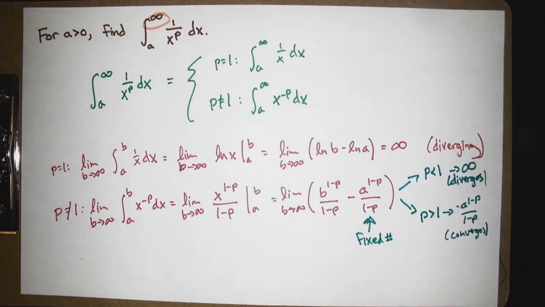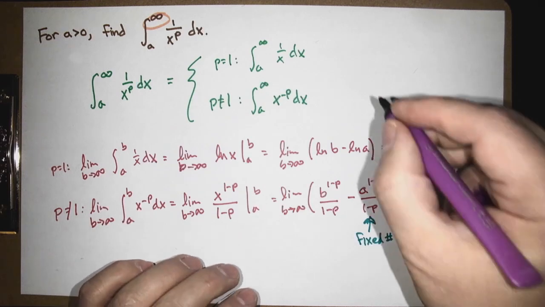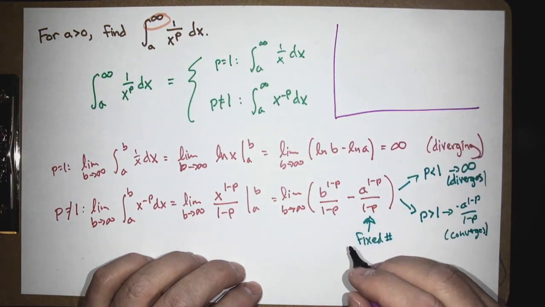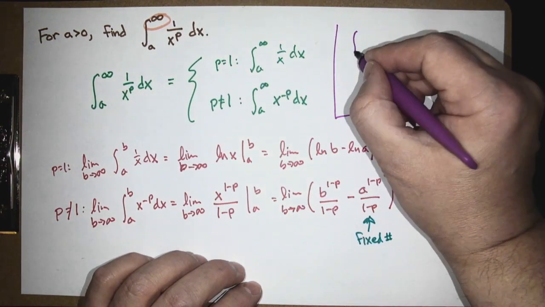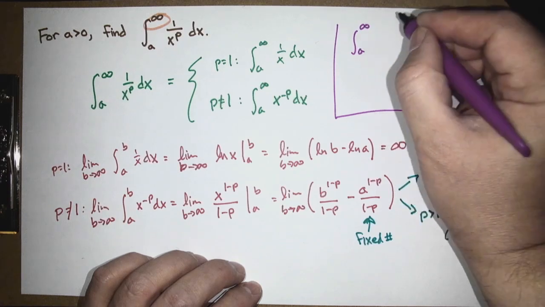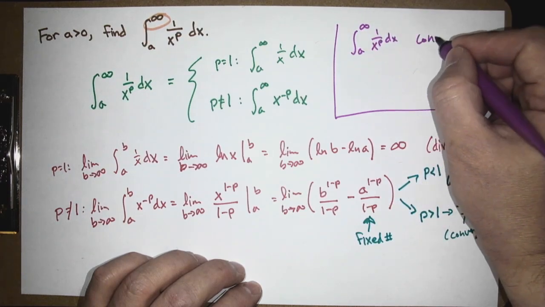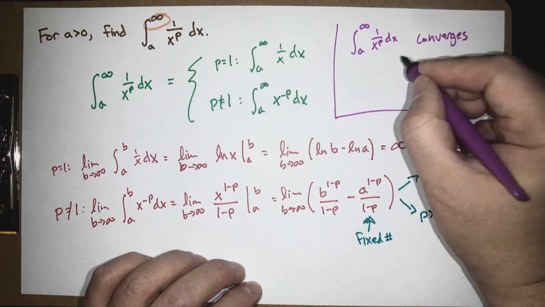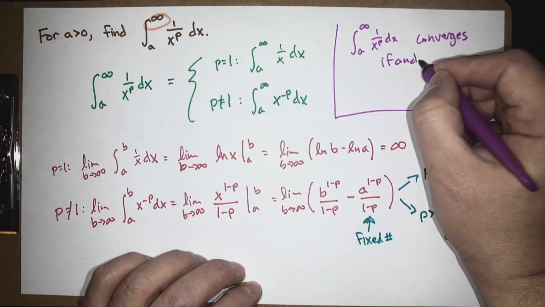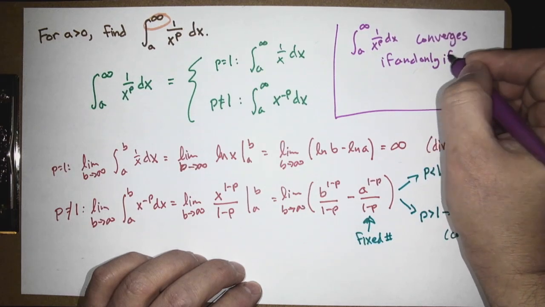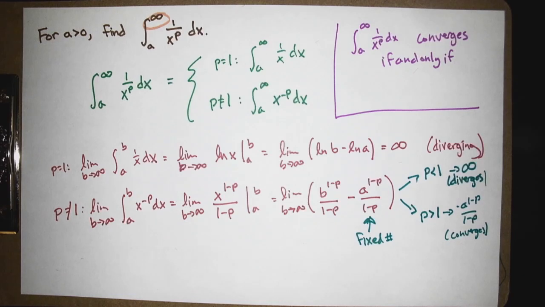Here's the punchline. The thing that we should take away from all of this, and this will be a very useful fact, maybe today, maybe next time, is that the integral a to infinity of 1 over x to the p dx converges, in other words, it's finite, if and only if, what's true? For which values of p does this converge?